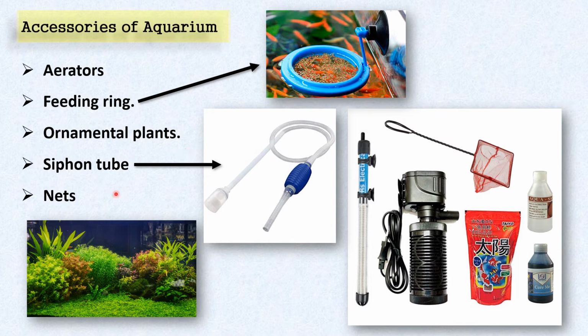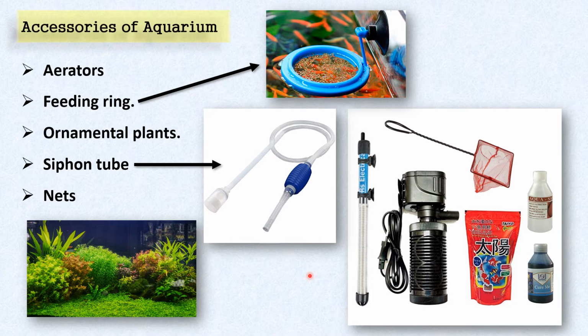Then ornamental plants. Ornamental plants increase the appearance, or the beauty, of the aquarium. There are two methods. We can put artificial ornamental plants, like those made of plastic materials.